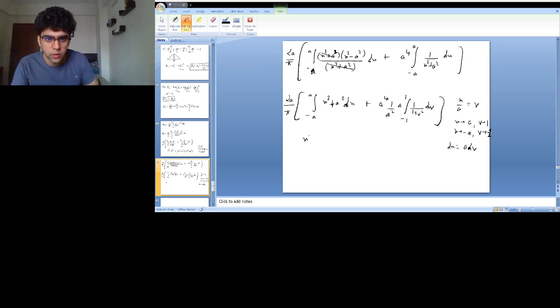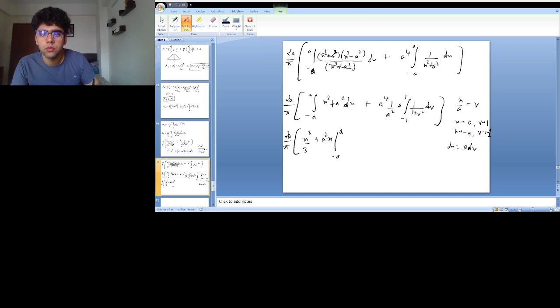So the integral of x square becomes x to the power 3 upon 3, plus a square. A square is a constant term, so I'll be left with a square x, from minus a to a. I have 2a upon pi here. I'm not putting the limits just now, I'm waiting.